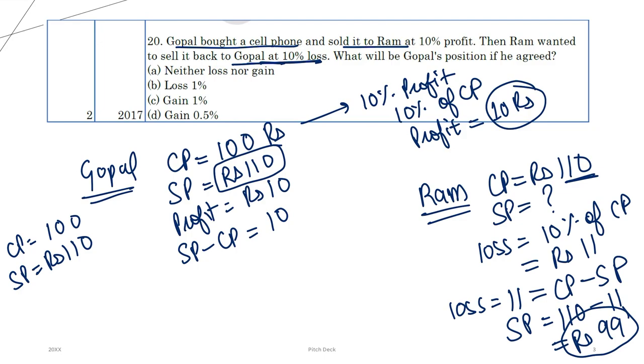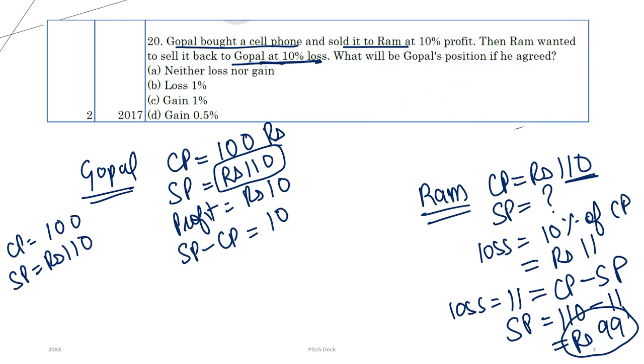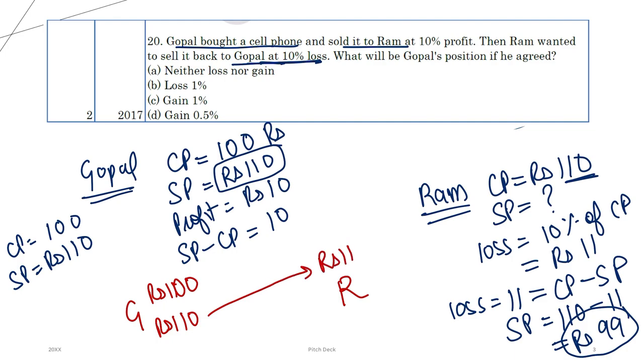So now I'm erasing this part. What has happened here? I will just remove this for now. So how does the transaction look? This is Gopal and this is Ram. Gopal bought it for 100 rupees and sold it for 110 rupees. Ram bought it for 110 rupees, then he is selling it back at 99 rupees, right?